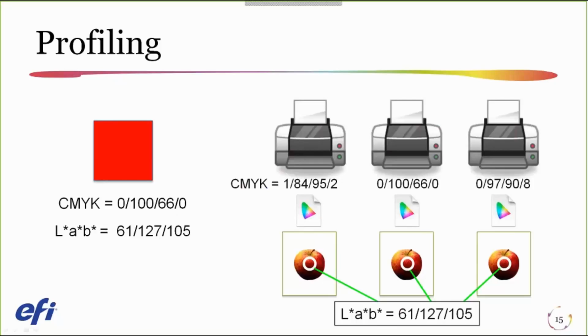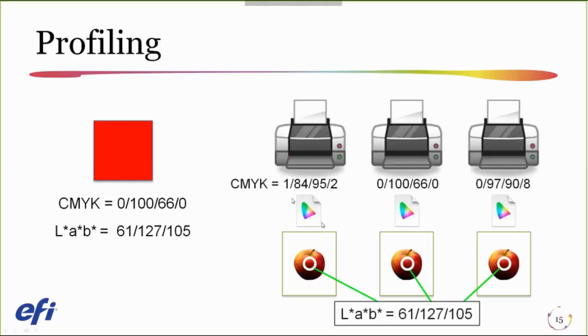Well, I want to print this apple, which has a pixel that is that color, on each of these 3 output devices. Now, we could say there are 3 different output devices, or it's the same output device with 3 different media sets. Don't care. There are 3 different combinations of printer, ink, and media.